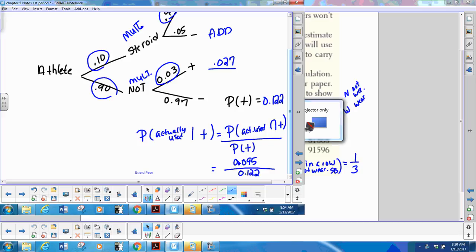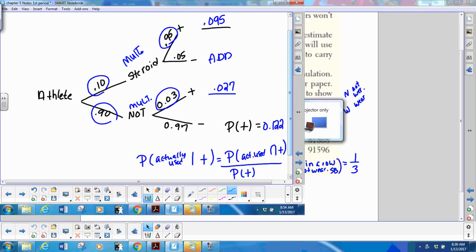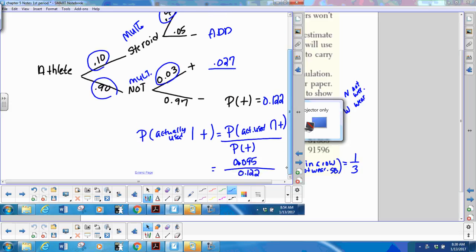Be careful, because on the test, a lot of folks didn't remember that you had to multiply this times this to get the intersection. Is that okay, Jasmine? Do you know where I got the 0.095 from? Yeah. Anybody else? You can see that okay there?